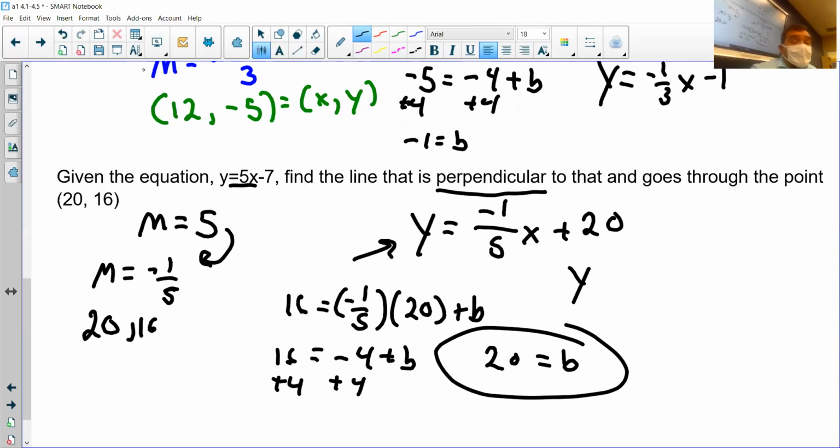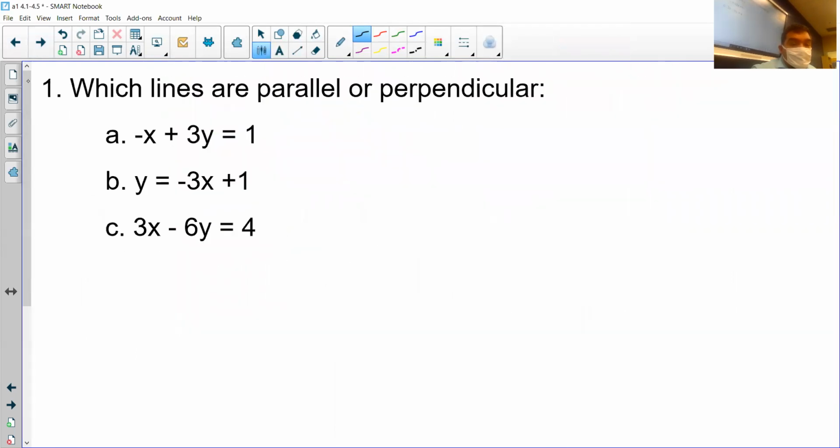All right. Next type of question you could get from this, not this one. Out of these lines, which ones are parallel or perpendicular to each other? Now, here's the question. How do you test if something is parallel or perpendicular? You don't have to actually do the problem. What do you need to compare?